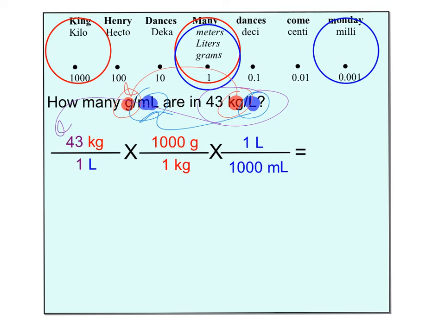Notice how I did 43 kilograms per liter: kilograms on the top and liters on the bottom. Now just focus on the top unit. Pretend the liters isn't even there. Hone in on the red on the page. You've got kilograms on the top. Put kilograms on the bottom like we've always done.